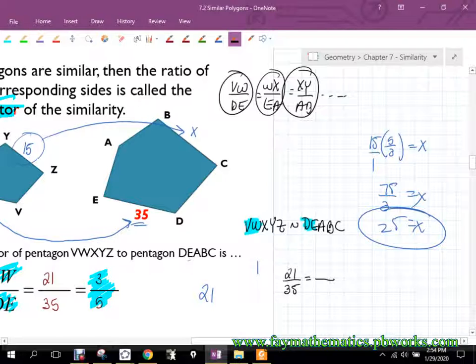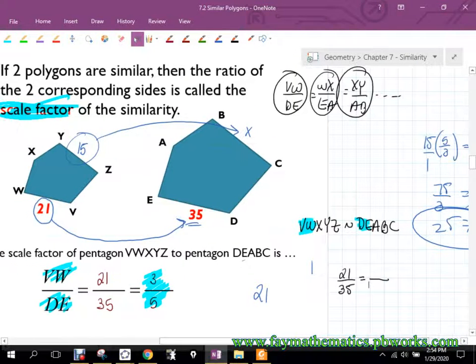So 21 went to 35. If you remember when we talked about setting up proportions, we like our numerators to have something in common. In all these polygon questions, my numerators are going to come from the same shape. So I always keep my numerators the small shape. So 21 came from the small shape.